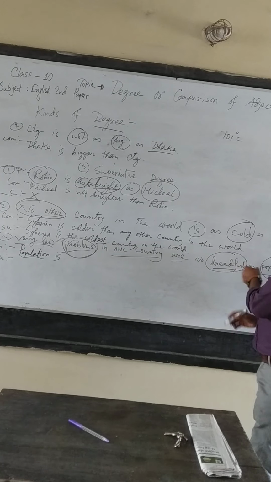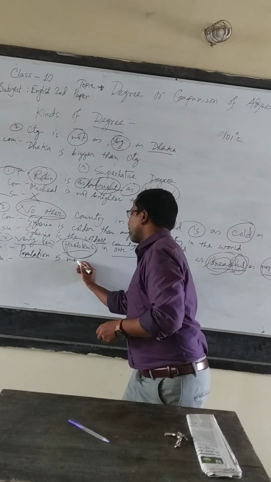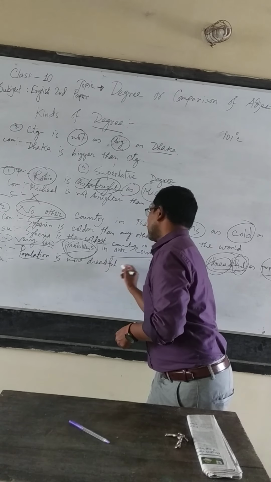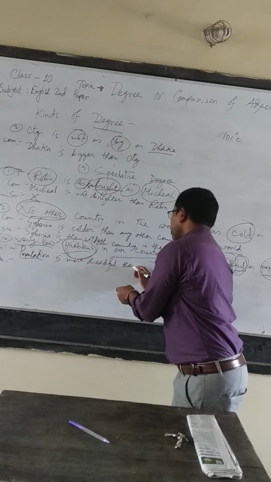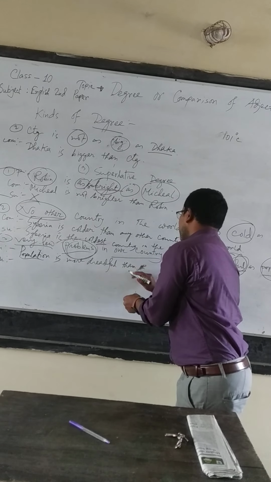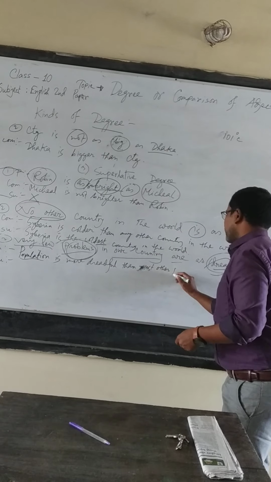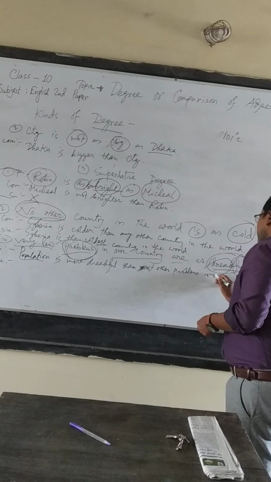Dreadful consists of two syllables, dread and full. So whenever we write it in comparative, it is more dreadful. Population is more dreadful than very few. In case of very few, we have to write than most other, then the rest part of the sentence, problems in our country.